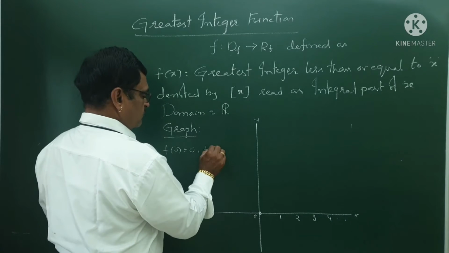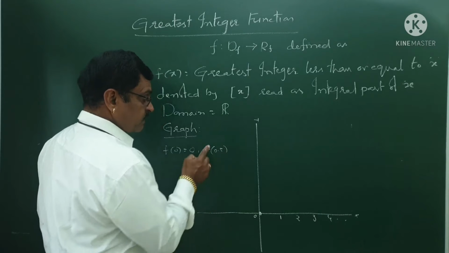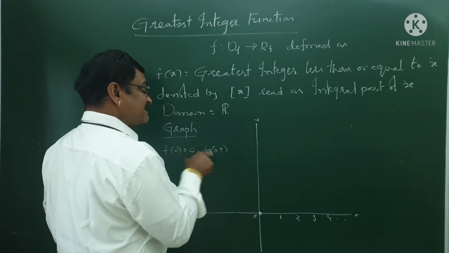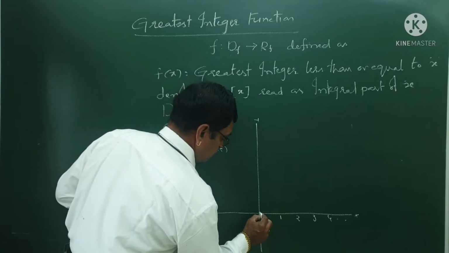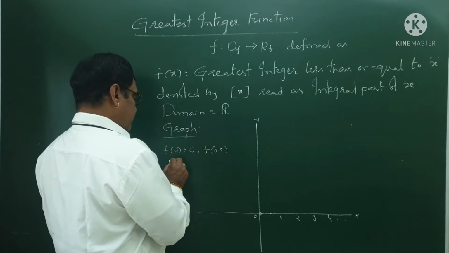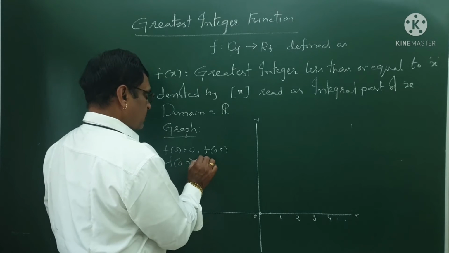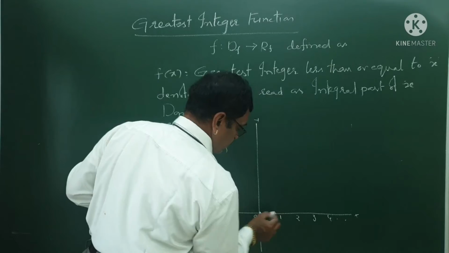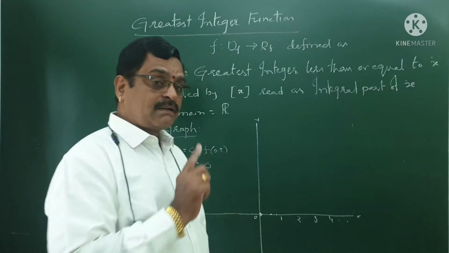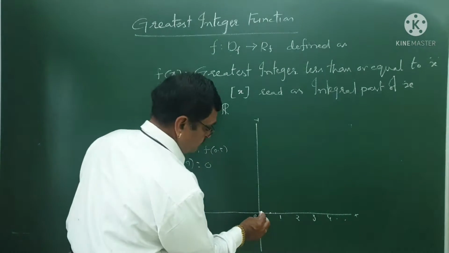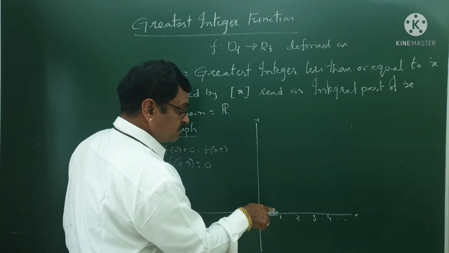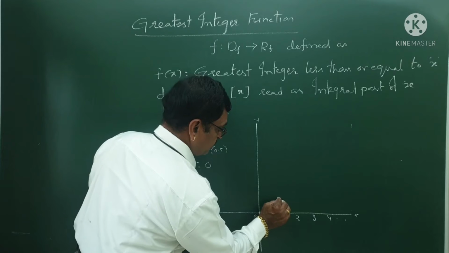Now f of 0.5 is also 0. Why? Because the integer less than 0.5, the greatest one, is again 0. If I take f of 0.9, again you get 0. That means if you take any number less than 1, the output is 0. But when you take 1, it jumps to 1 immediately.